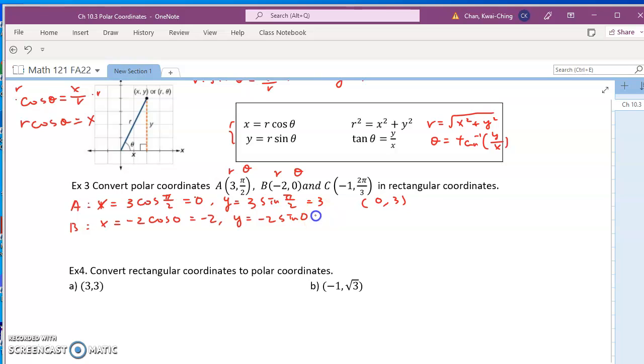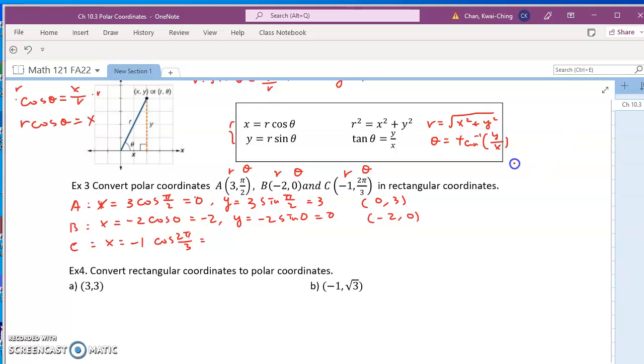Sine 0 is 0, so it's equal to 0. So this is a point on the x-axis, (-2, 0). Okay, C is r equal to -1, theta equal to 2 pi over 3. x is -1 cosine 2 pi over 3.